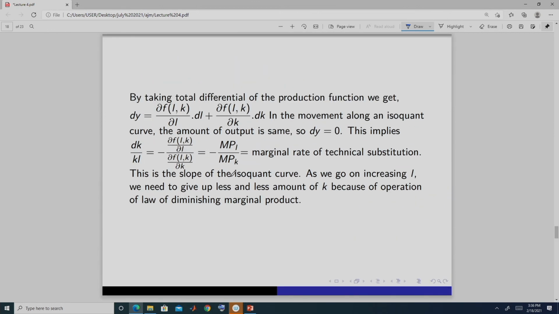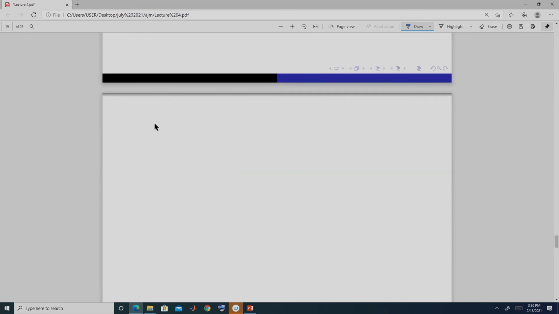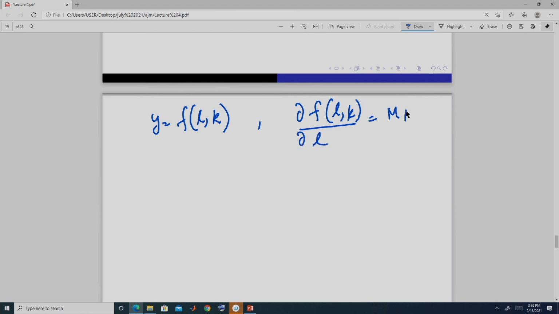Suppose our production function is something like this. Now, it is differentiable. So, we have this. This is the marginal product of labor. Again, this is the marginal product of capital.